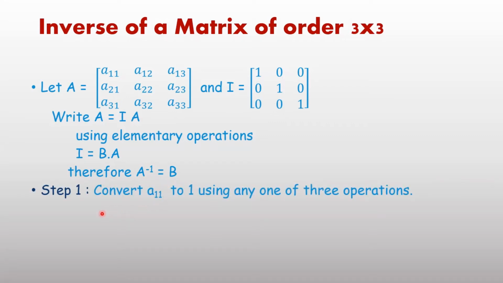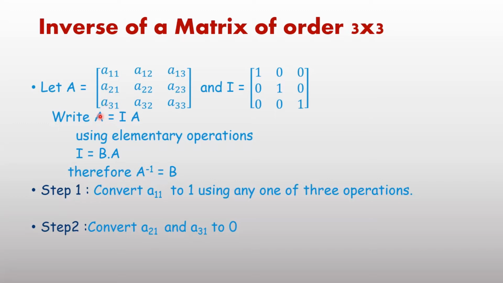The steps which you have to follow to find the inverse. Step first, using any row operations, your first objective is to convert A11, means the first element, as 1. Then second step, convert the remaining two elements of the first column as 0.